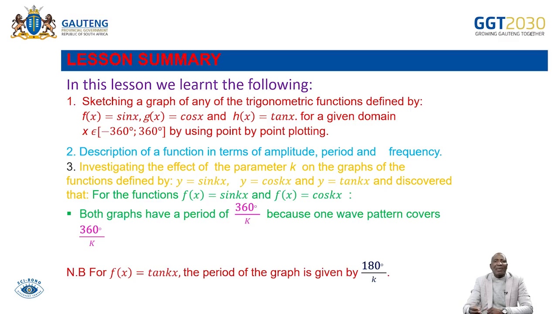Three, investigating the effect of the parameter k on the graphs of the functions defined by y equals sine kx, y equals cos kx, or y equals tan kx, and we discovered that for the functions sine kx and cos kx, the periods are reduced by dividing 360 by that k, and dividing 180 by k in tangent.